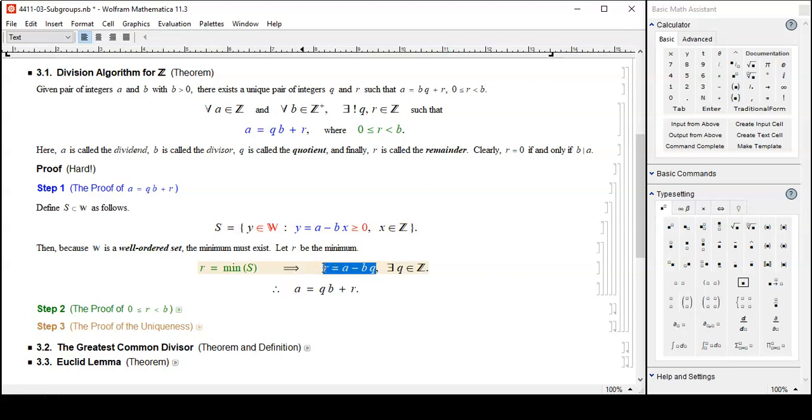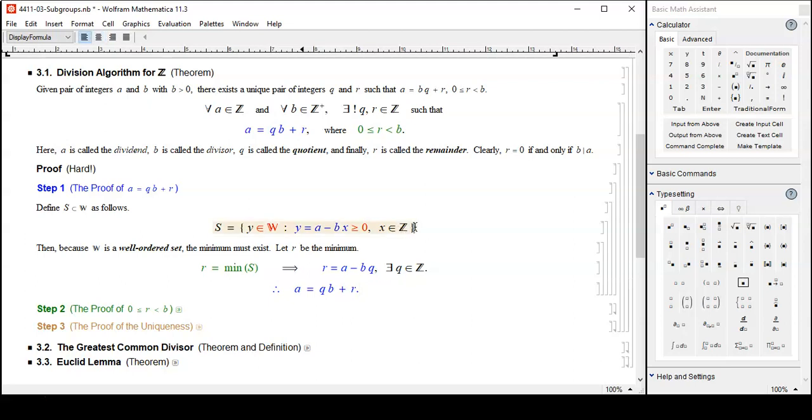So what do you have? r equals a minus bq. Flipping bq to the other side, we have the first half of the conclusion. a is qb plus r. So first half wasn't too bad.